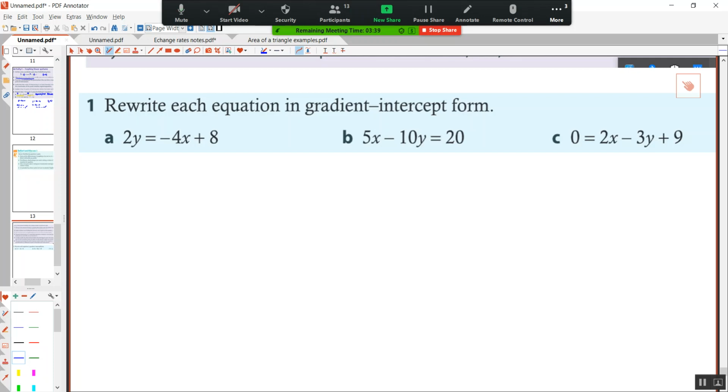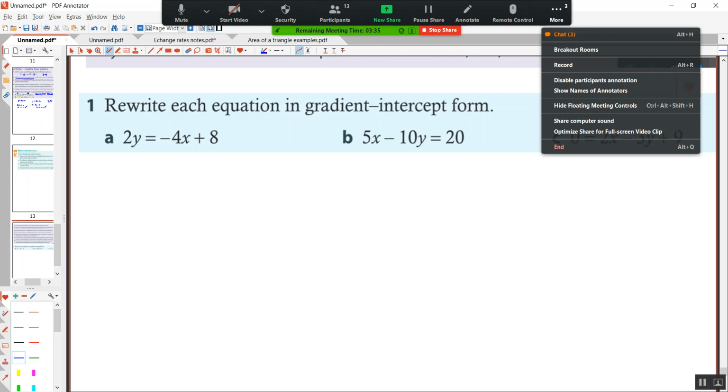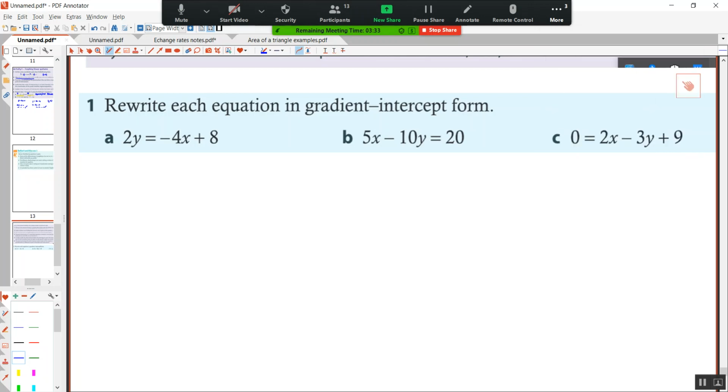Just y isolated on one side of the equation, and on the other side I would have some quantity of x and a value for the y-intercept. Yeah.